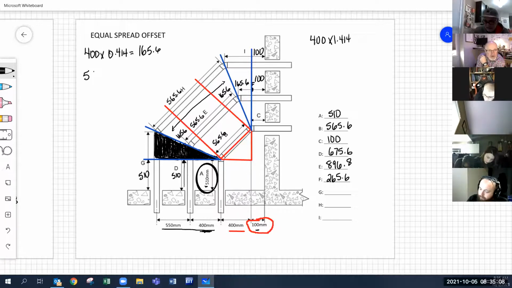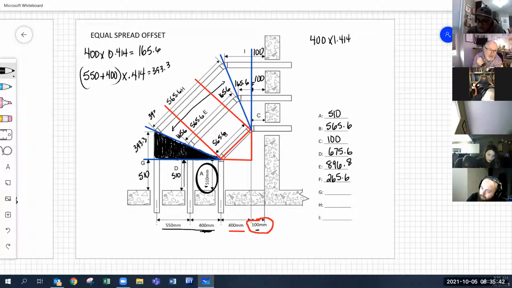So 550 plus 400, in brackets, because you have to hit the equal sign before you multiply, times the tangent of 22.5, 0.414. And that is equal to 393.3.